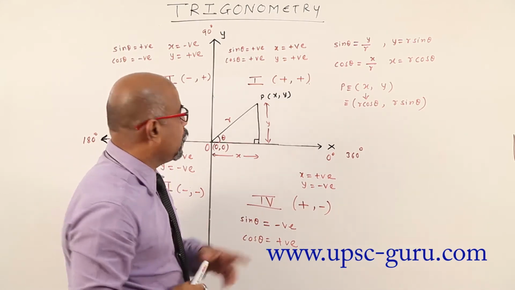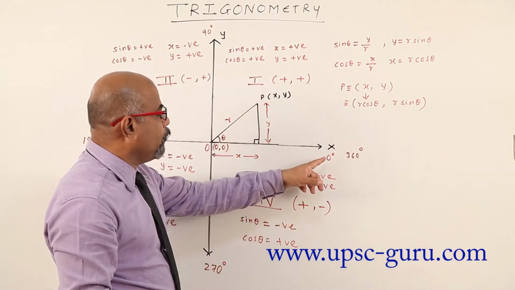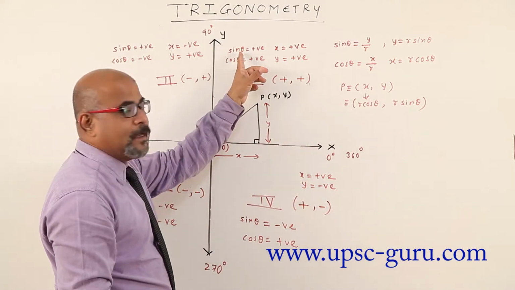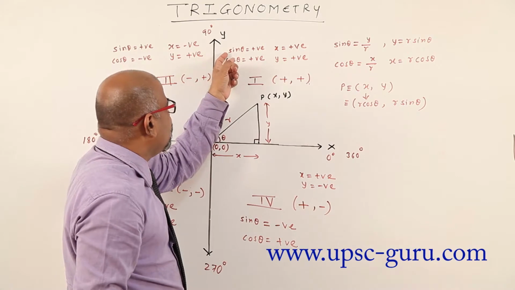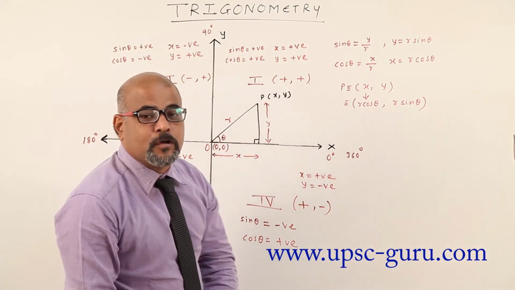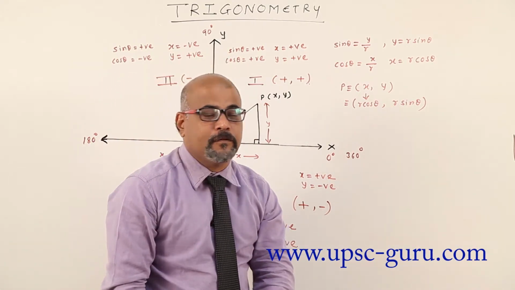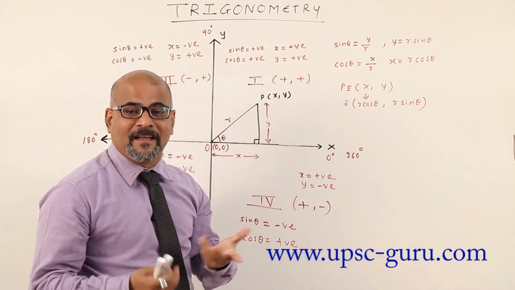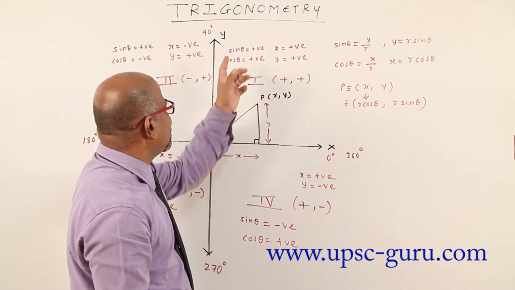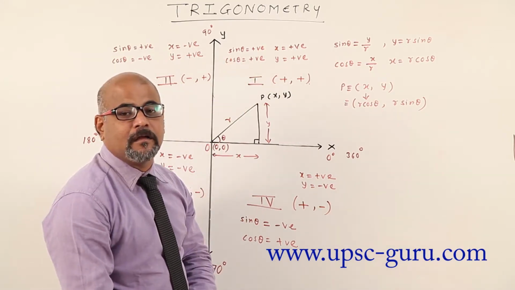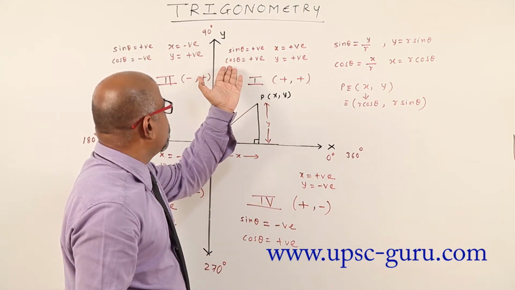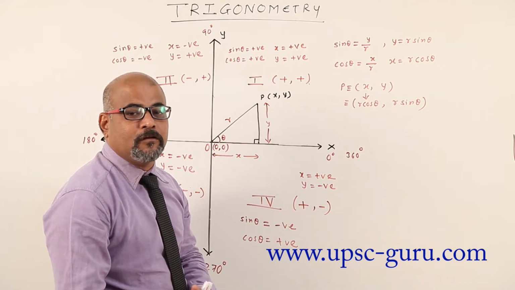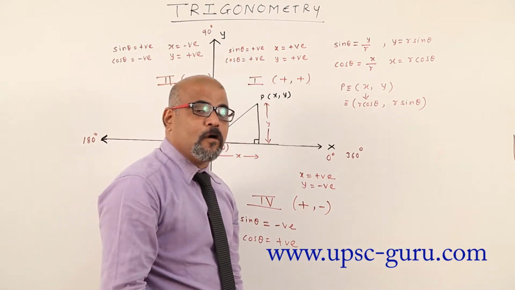Let us check again. In the first quadrant, that is between 0 to 90 degree, sin theta is positive, cos theta is positive. Since sin is positive, cosec is always positive, cos theta positive means sec is always positive. We know that sin theta upon cos theta equals tan theta, therefore since sin and cos are positive, tan theta is also positive, as well as cot theta.